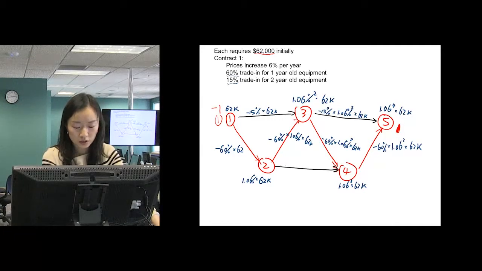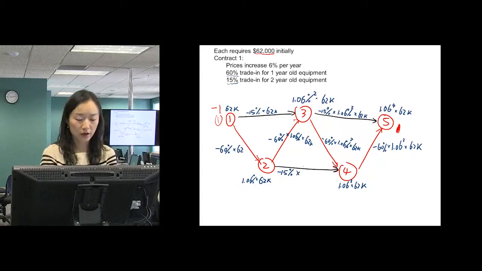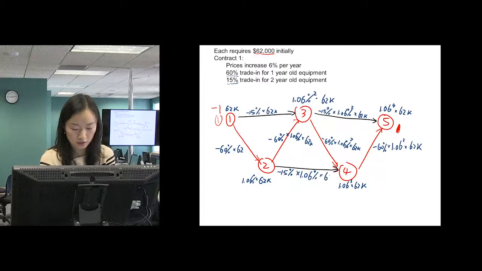For example, this arc represents that we're going to trade in the equipment that we purchased at the beginning of year 2, now at year 4. This is a 2-year trading, so we only get 15% back times what we paid for, and the equipment we paid for is from here, so it should be 15% times 62K.